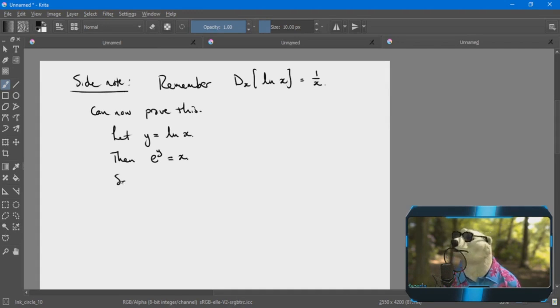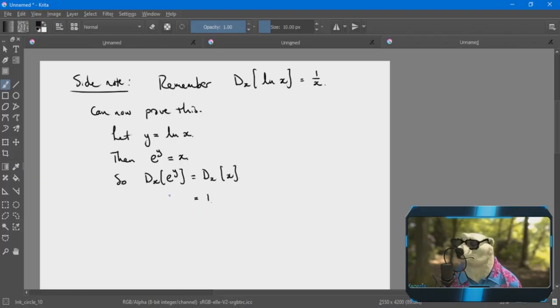Now, we are going to do implicit differentiation, x is my variable, on this equation. On the right first, right is easy. Derivative of x with respect to x is 1.